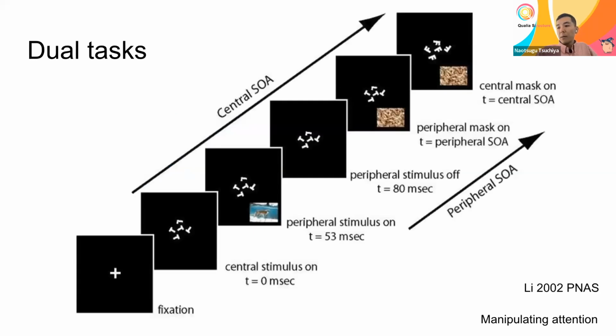The one that we tend to extensively discuss in this class is dual tasks. The temporal version is attentional blink. This is a spatial version of the attentional manipulation. The good thing about this dual task design is, first of all, we don't have a confound of eye movements.